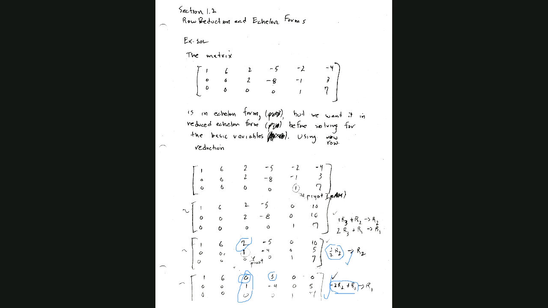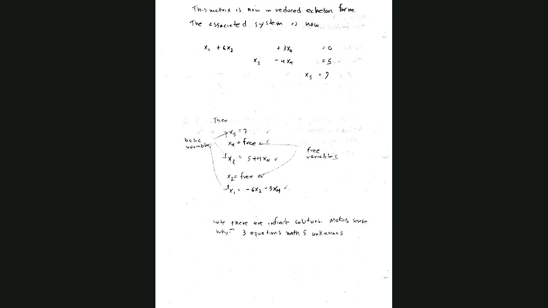Okay, well, let's write out the equations. Here's our system now. The matrix is now in reduced echelon form. Moshe, you know when you've hit the end when the matrix is in reduced echelon form. That's how you know when you're done with your row operations.